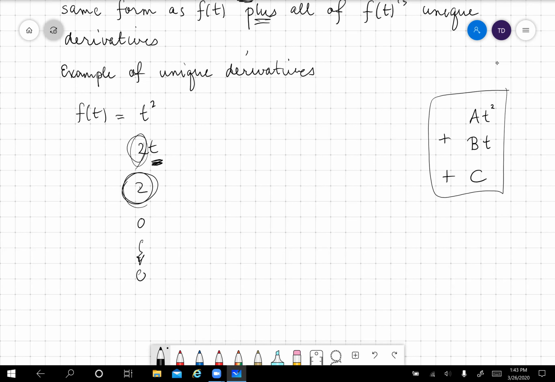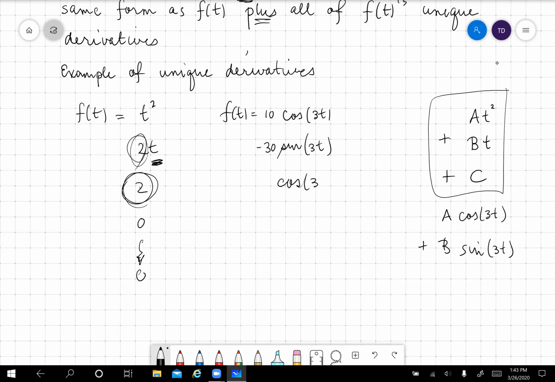That's an example. Let's say f of t was equal to 10 cosine of 3t. Well, the first thing I'm going to guess is a times cosine of 3t. Now, what's the derivative of the cosine of 3t? I get negative 30 sine of 3t. I've got a sine term, so I guess b sine of 3t. But now what happens when I take the derivative of the sine?